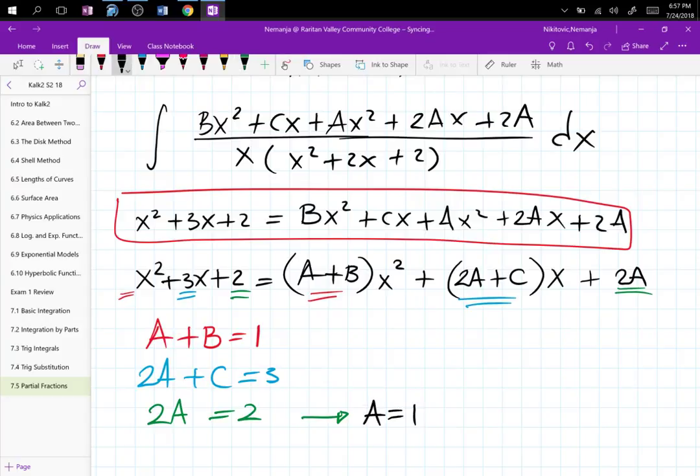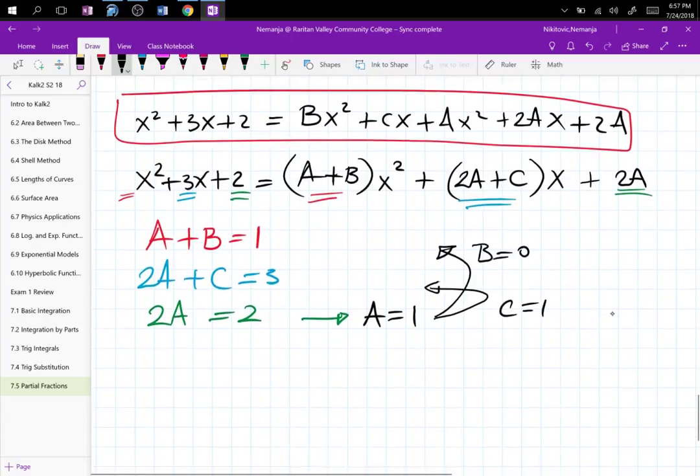And if A is 1, that propagates through all of the other ones quickly, giving us that B is 0, because 1 plus 0 is 1, and immediately giving us that C is 1 as well, because 2A, if A is 1, that's 2 plus C is equal to 3 when it goes to the other side.